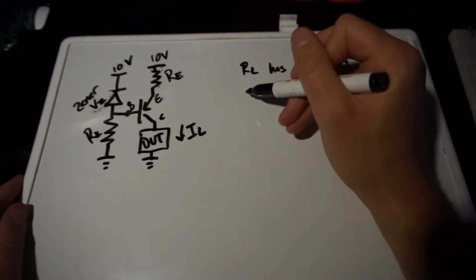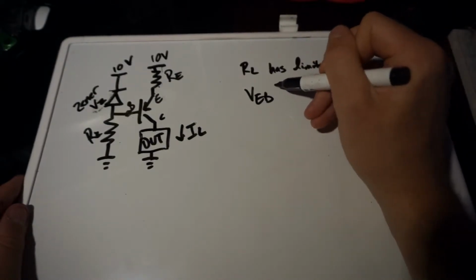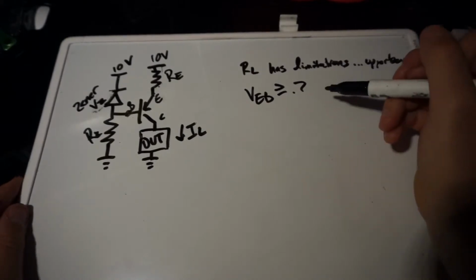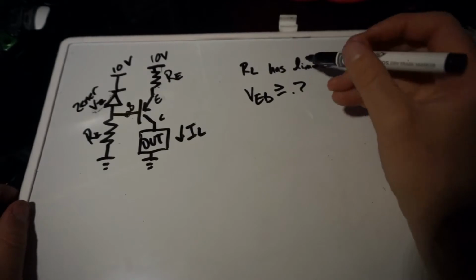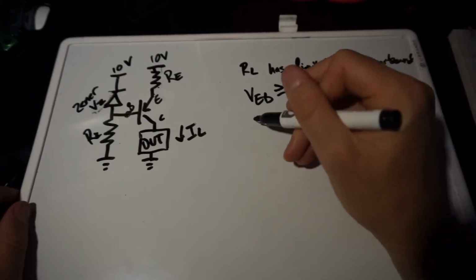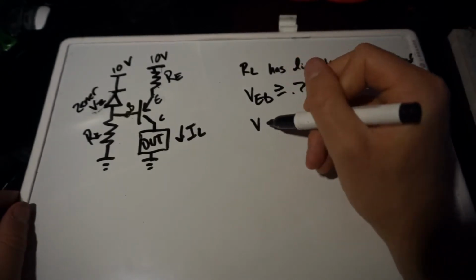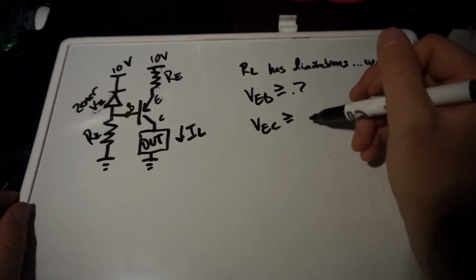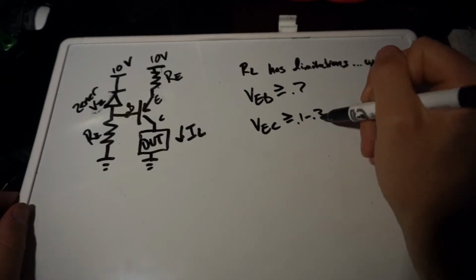One is that, of course, the emitter base voltage has to be greater than or equal to, for most silicon diodes, about 0.7 volts. And the one that I'm talking about in this case of the device under test is actually going to be the emitter collector voltage. It has to also be greater than a certain value. Usually it's low, maybe we'll say 0.1 to 0.3.